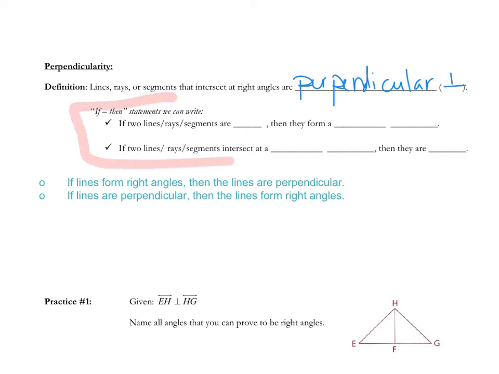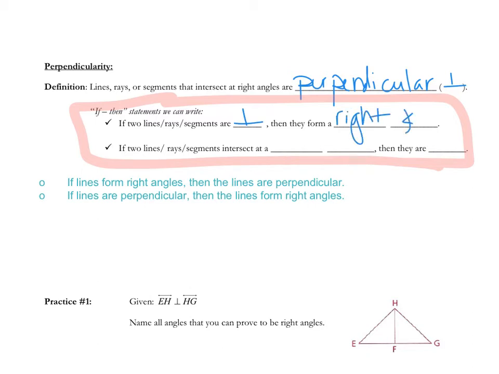So we're going to take those if-then statements from the definition. So if two lines, rays, or segments are perpendicular, then they form a right angle. And if two lines, rays, or segments intersect at a right angle, then they are perpendicular.